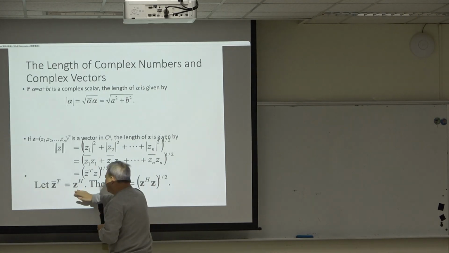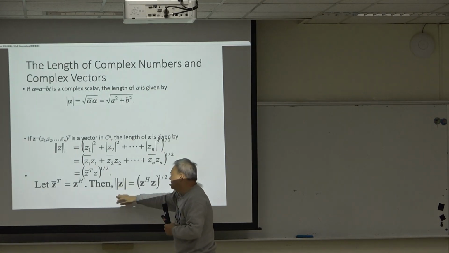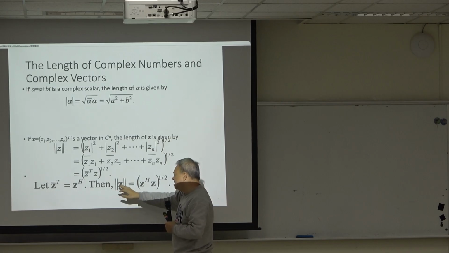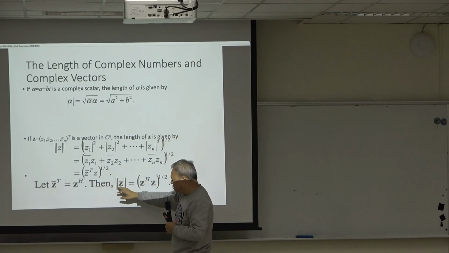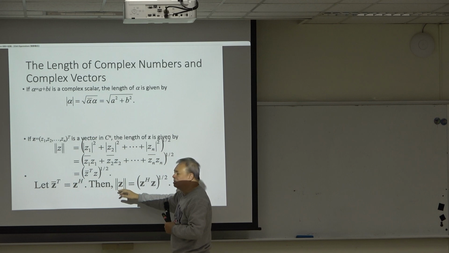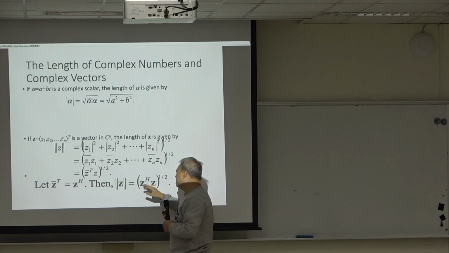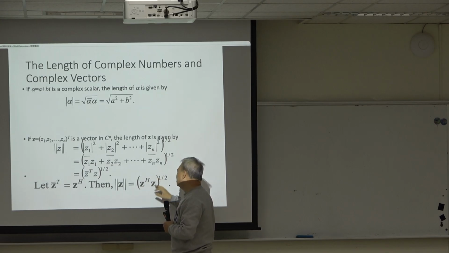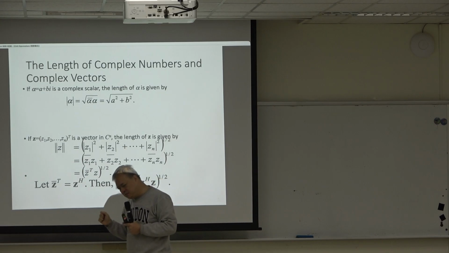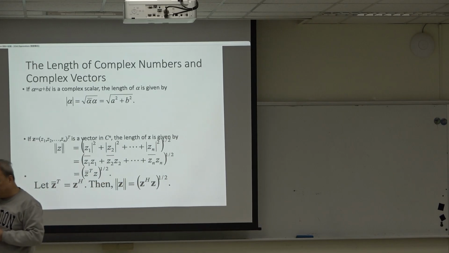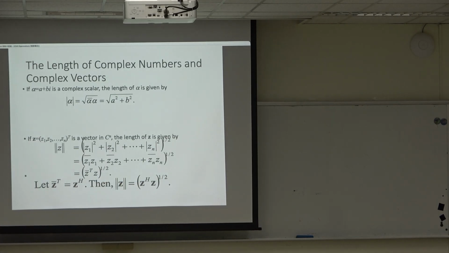If we define it like that, then the length of a vector Z with complex numbers is going to be the square root of ZHZ.